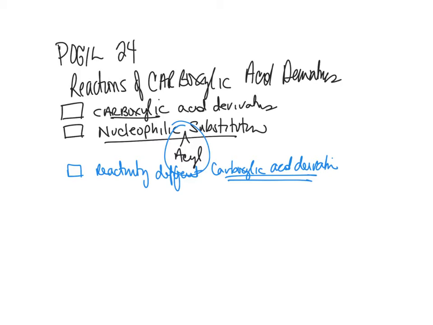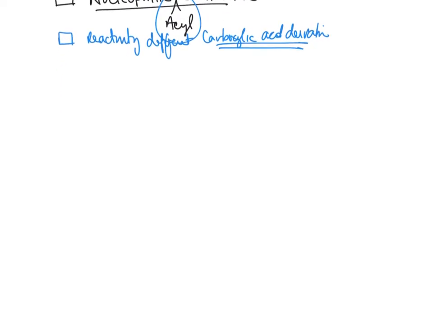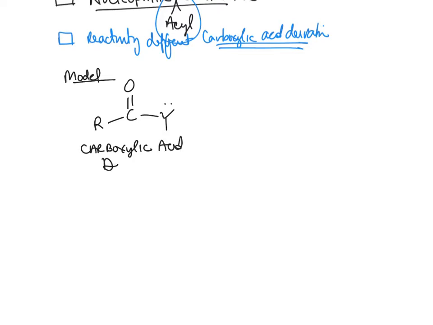So first of all, let's work Model 1. And Model 1 shows an R group, so that's any kind of carbon. And then we have a carbonyl. And then we have a lone pair on the Y, and this is called your carboxylic acid derivative.